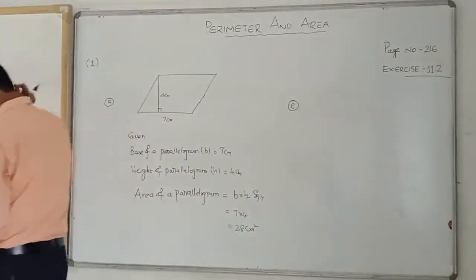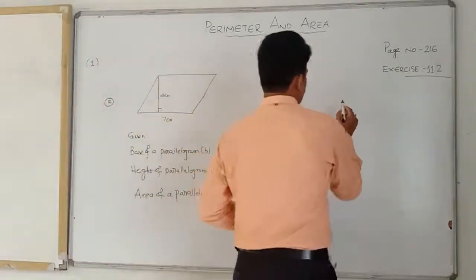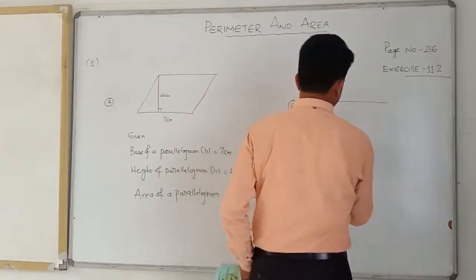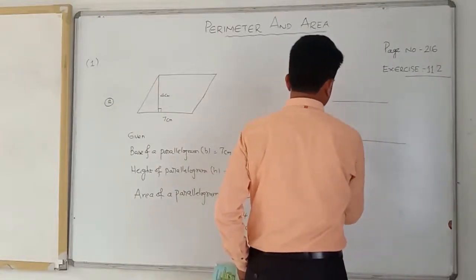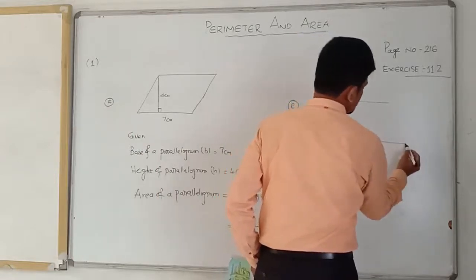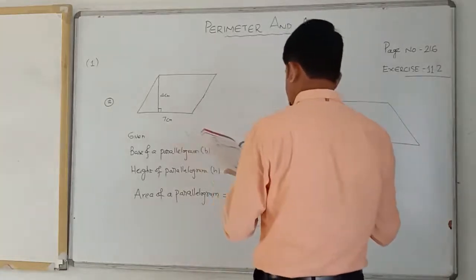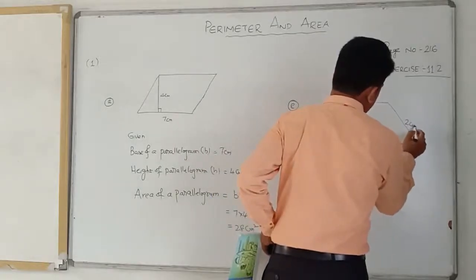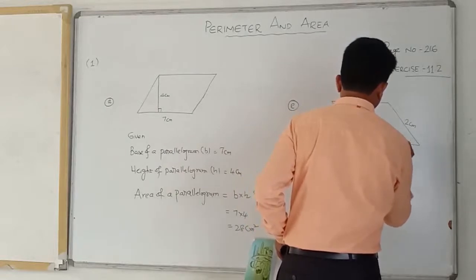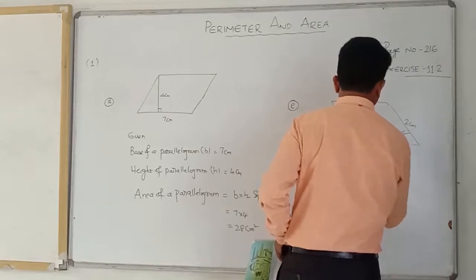And later on, another question, E, is given here. See, the parallelogram is given like this, and this is given as 2 centimeters, and this is given as 4 centimeters.